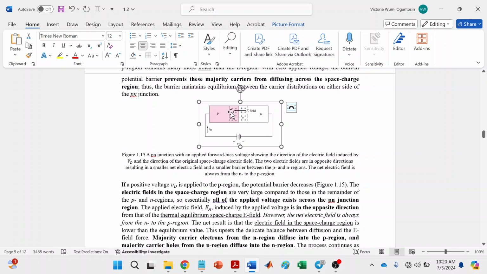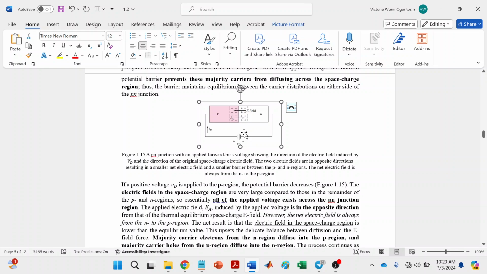So there's already an electric field in equilibrium when zero voltage is applied. But as a result of this forward bias voltage, an electric field is induced, but in a different direction from the original equilibrium space charge electric field.